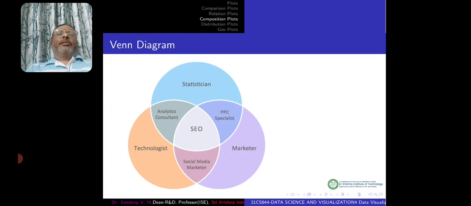So Venn diagrams normally are limited to three parameters. With more than three, it's difficult to make out any meaningful information.